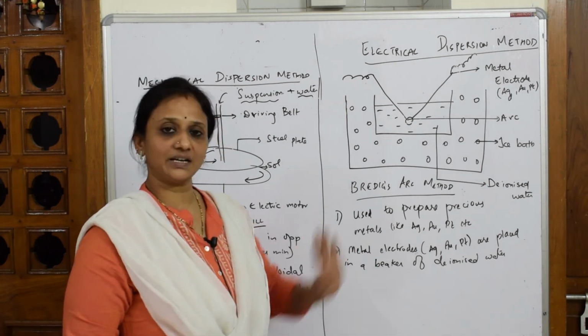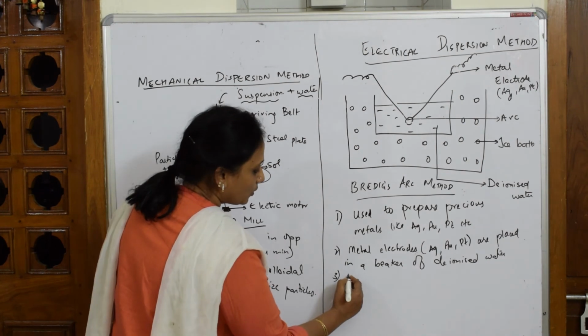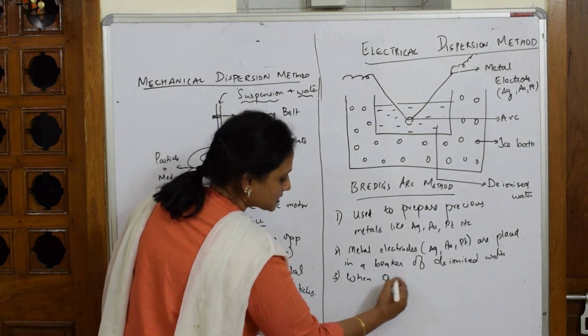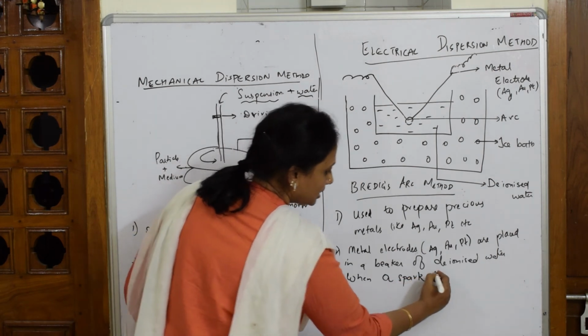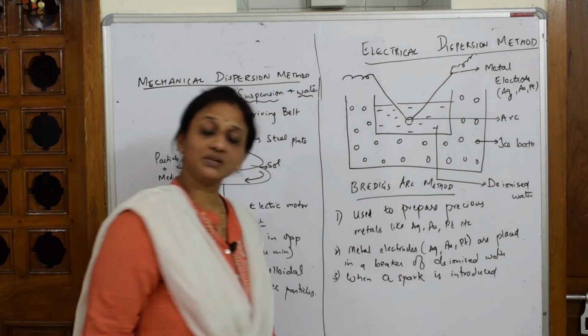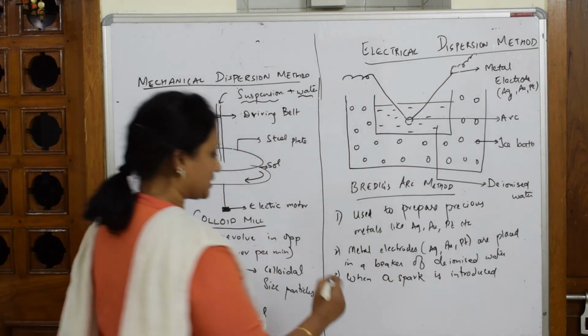Now, in a beaker with deionized water, when a spark is introduced, what will happen to the metal rod? The metal rod starts vaporizing.